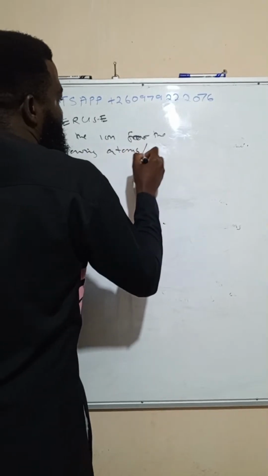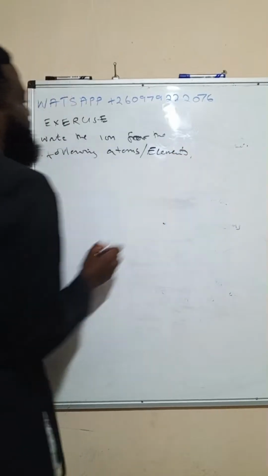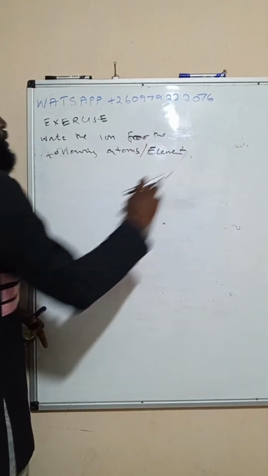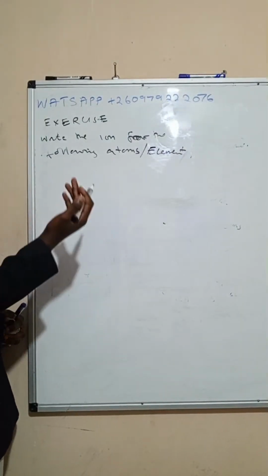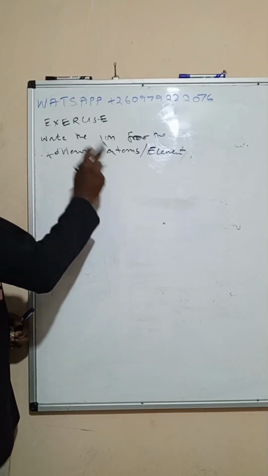It can either be atoms or elements, it doesn't matter, it's the same thing, because an atom is the smallest particle of an element. So they can say find the ion for the following element or find the ion for the following atom.